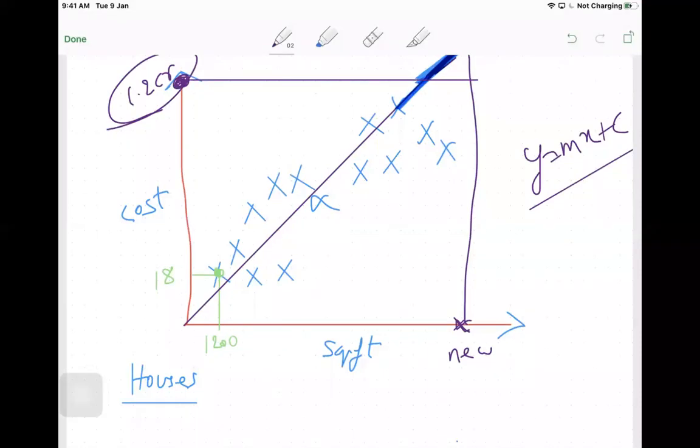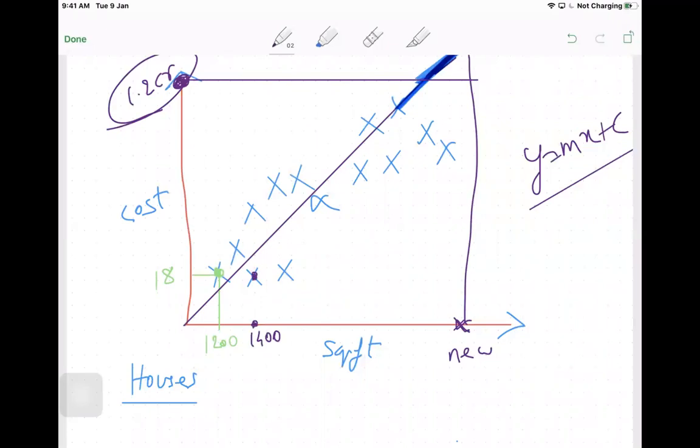But one thing you have to understand here is this is the line that we have plotted. Now suppose for this particular x, which is 1400 square feet, if you carefully observe, this is the actual cost.